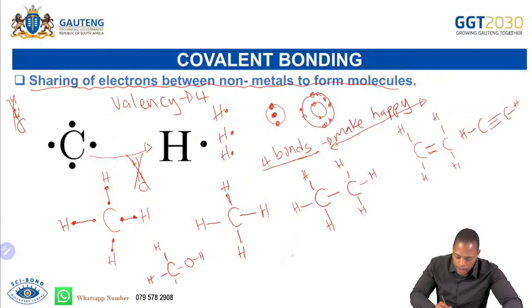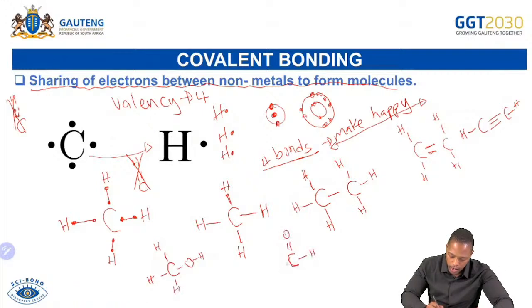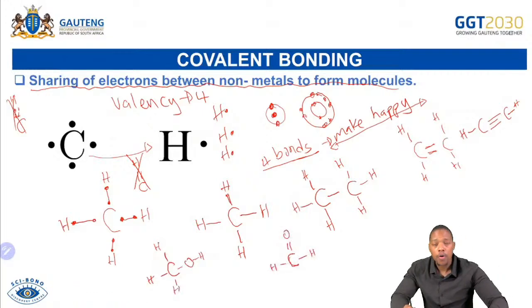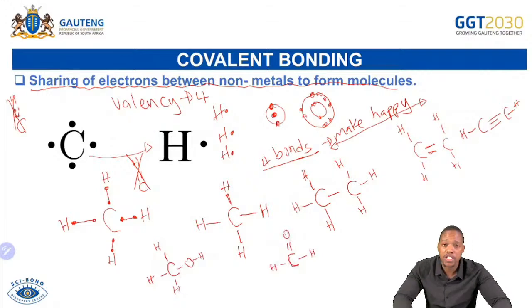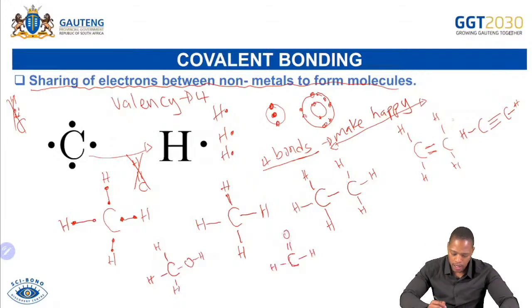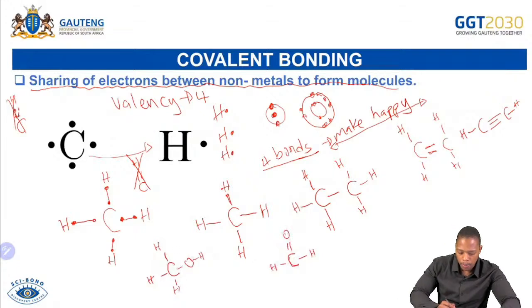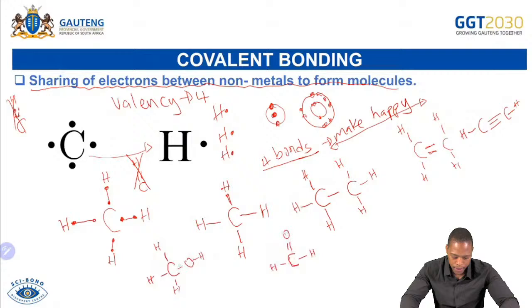Or the carbon can again form double bonds with what? With oxygen. It can form double bonds with oxygen. So double bonds with oxygens are possible. Double bonds are possible with carbon-carbon. Double bonds are possible with an oxygen. Are we together?